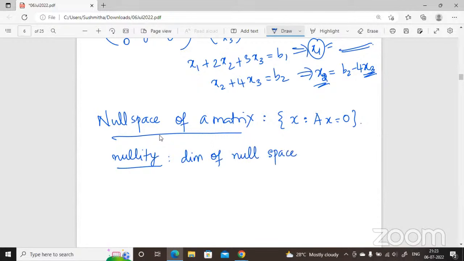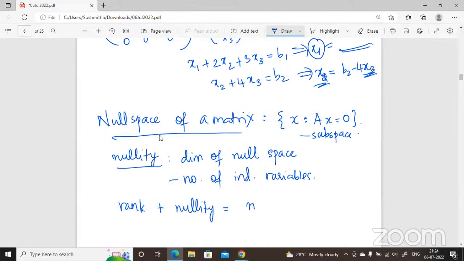This null space is a vector space, a subspace. The dimension of this null space is nullity, or as you said, the number of independent variables. So rank plus nullity will be equal to the number of variables.